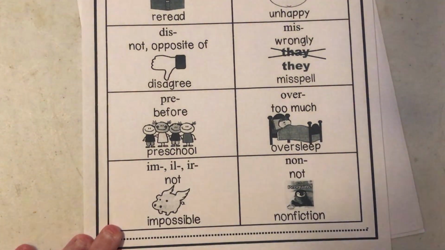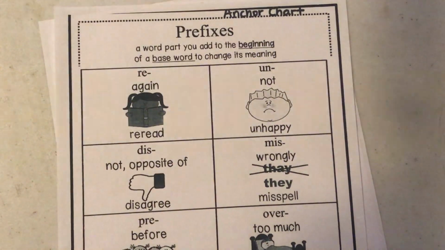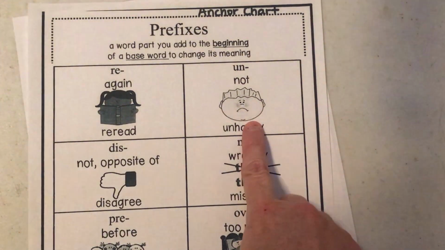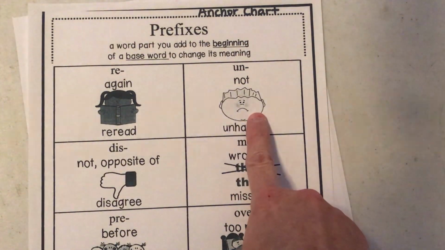Non-fiction, not fiction. So today's lesson is going to be using the prefix un quite a bit. So words with un at the beginning, like unhappy, not happy. So let's look.